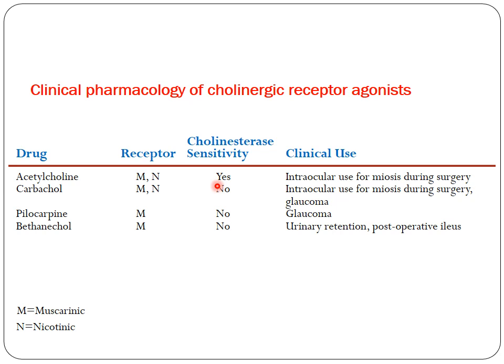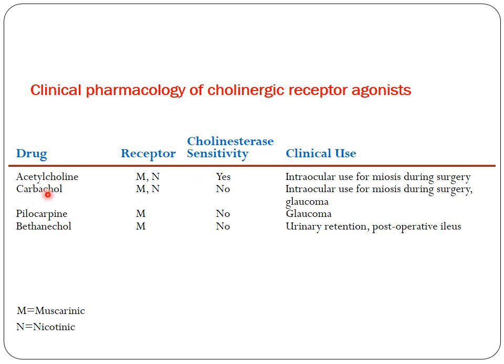Because of this feature, it has an ultra short duration of action. That is why it is not given systemically, but topically it can be used during surgery to produce miosis or constriction of the pupil.